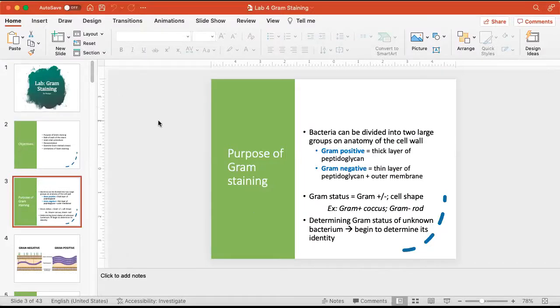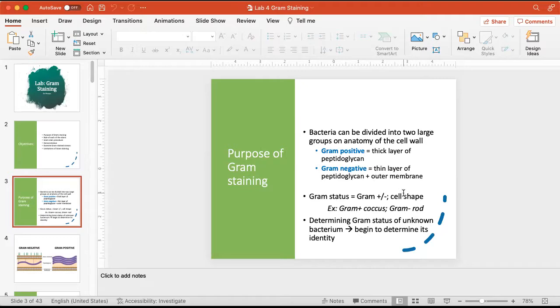Now, when we complete the gram staining procedure, the result that we generate is called the gram status of the organism. And what the gram status is, or how it's reported, is whether the cell is gram positive or gram negative, and importantly, what shape the cells have.